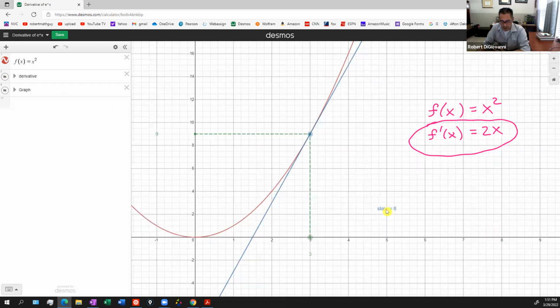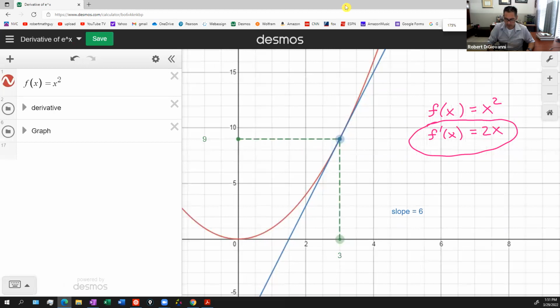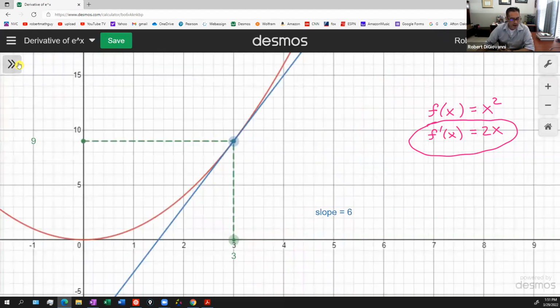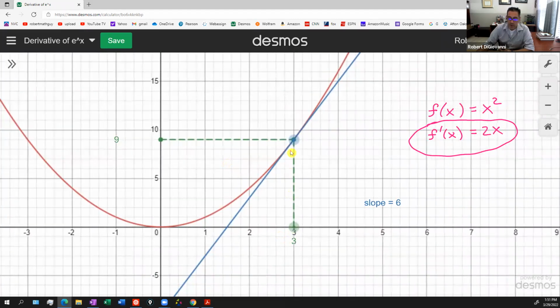Let me zoom in. Yeah, that's making it a little bigger. So when I'm at 3, the value of the function is 9, but the slope of the tangent line is 6.